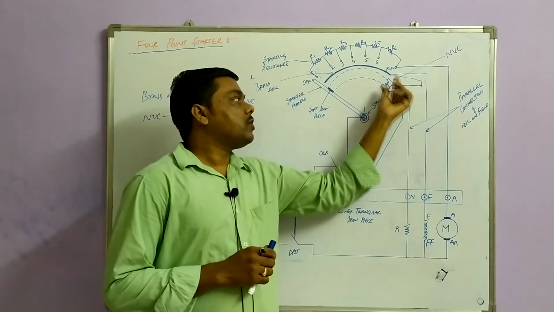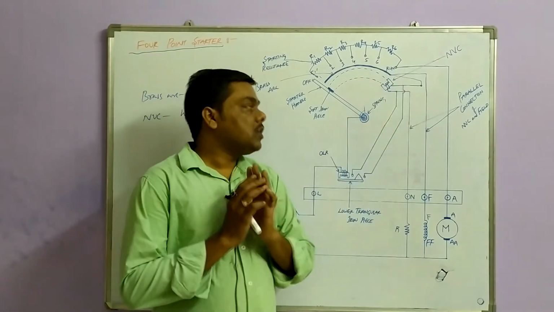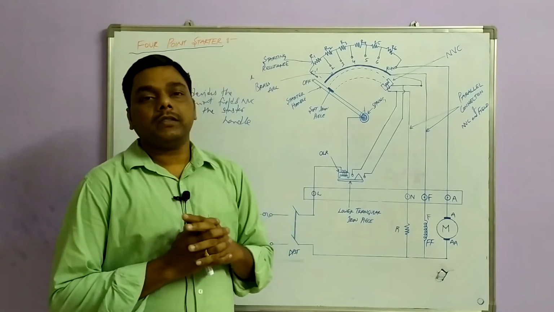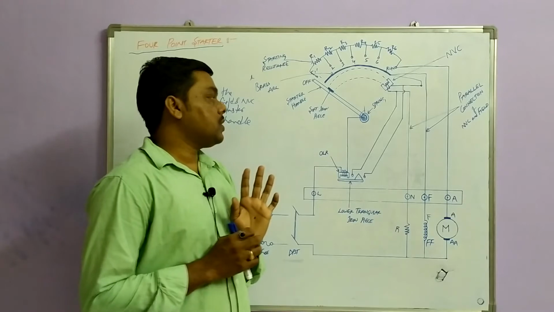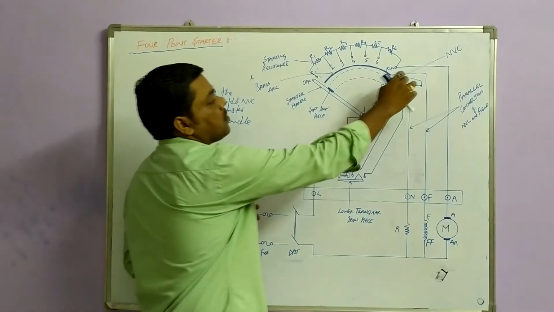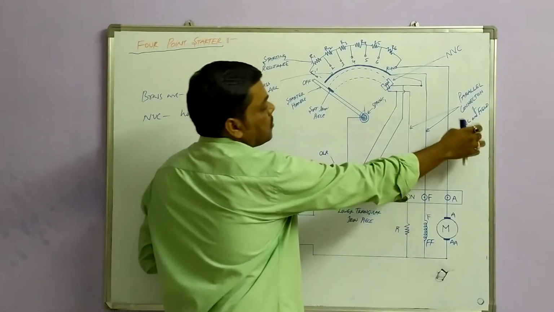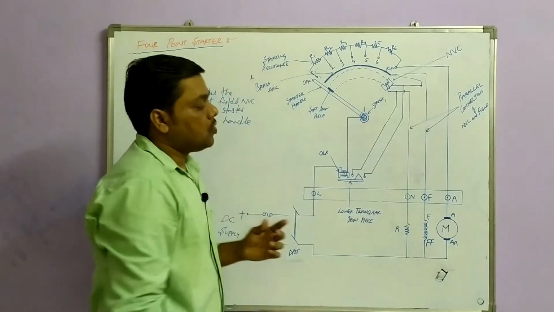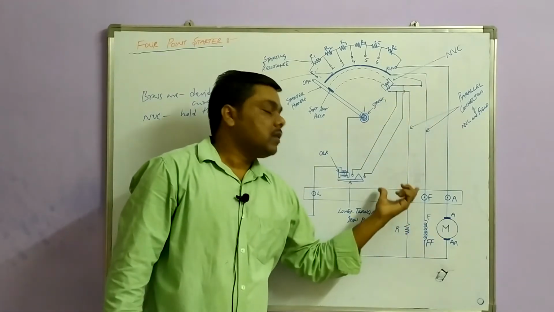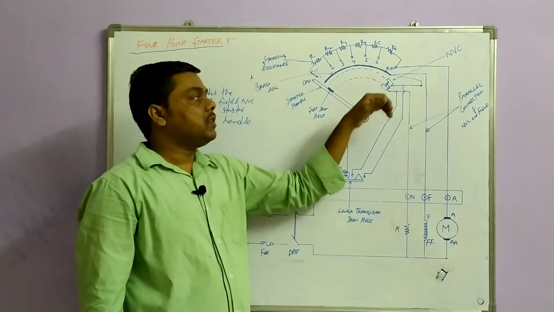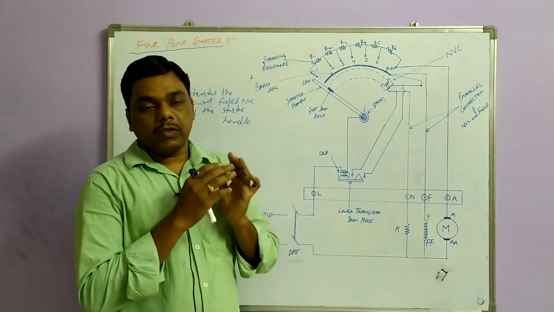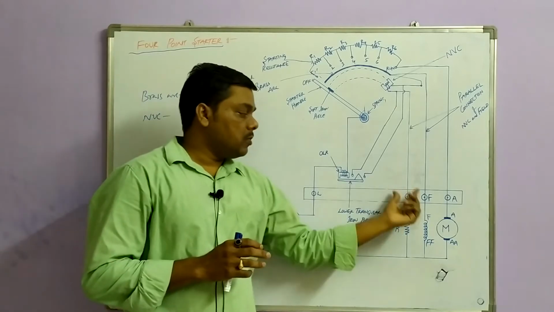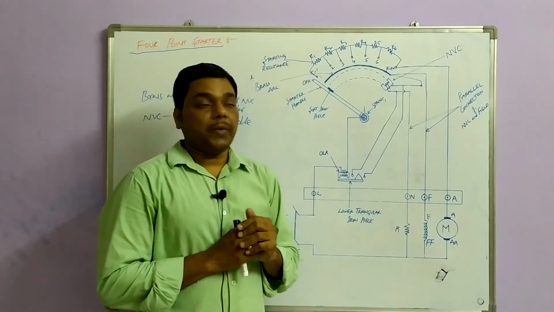Once the supply is cut off, the no volt coil is demagnetized and the handle comes back to the original position. You can see here the connection of the no volt coil in parallel to the field winding, so it is not affected when there is a speed requirement. That means the speed will be constant while the flux changes.